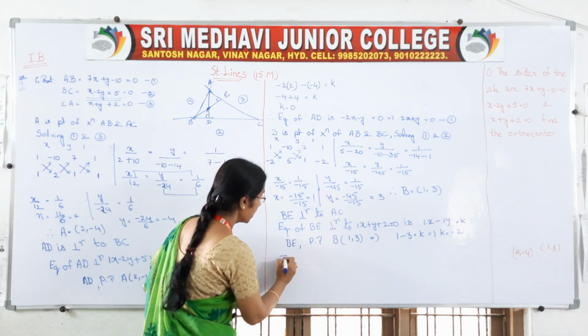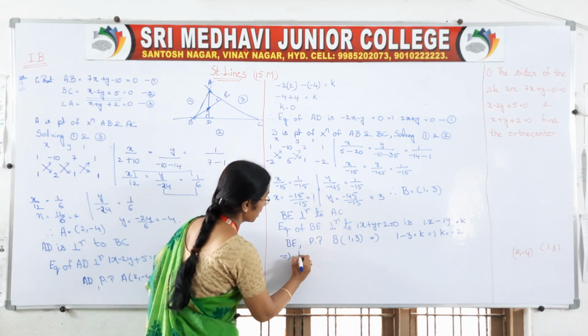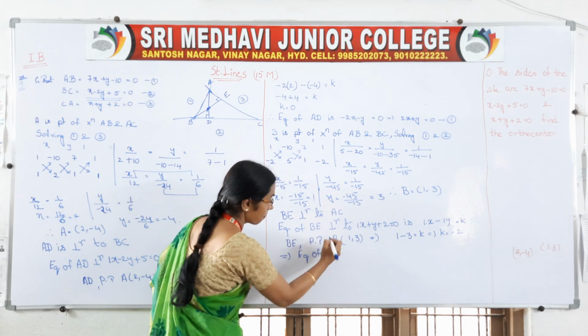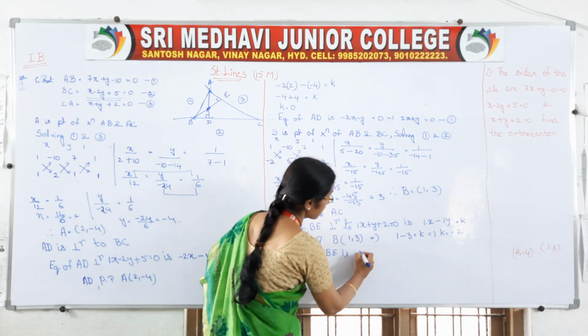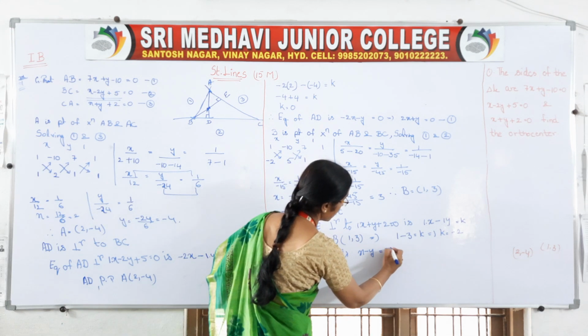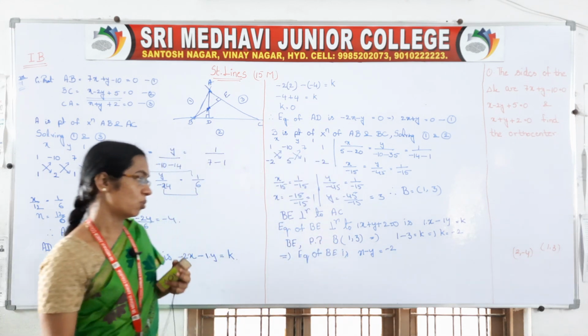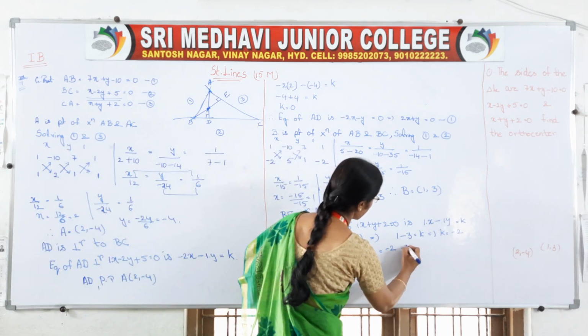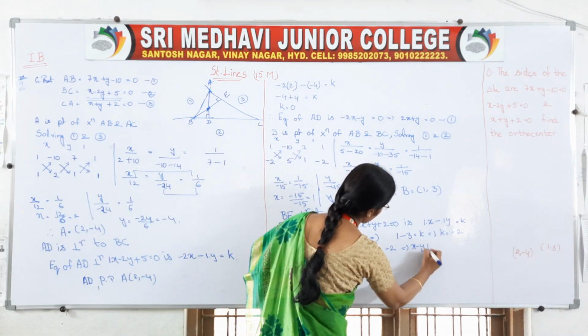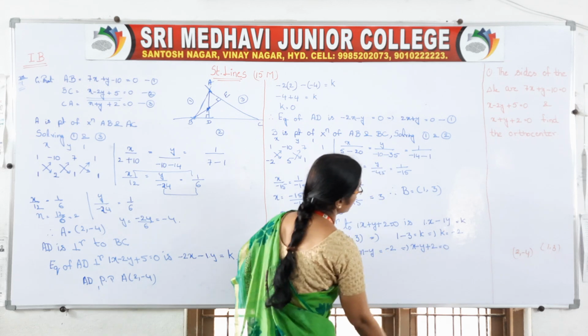So what is your equation? Equation of BE is, what is the equation? X minus y is equal to minus 2. We got it. Okay. So bring that minus 2 to this side. It will be x minus y plus 2 is equal to 0.